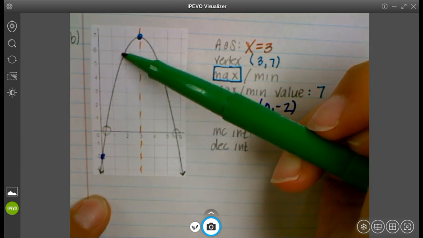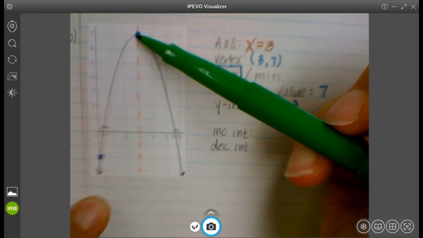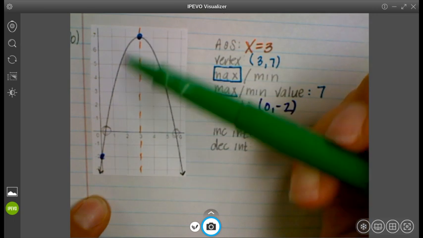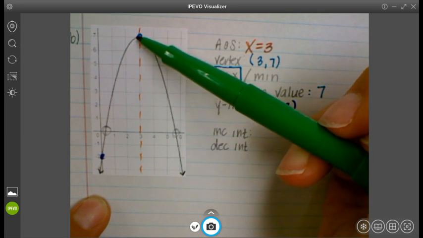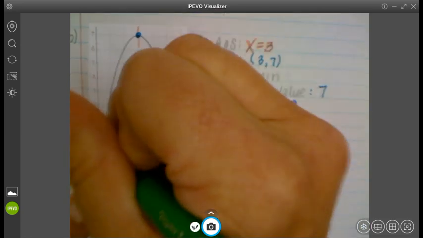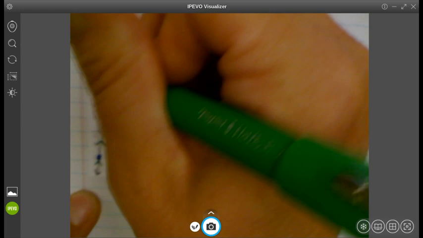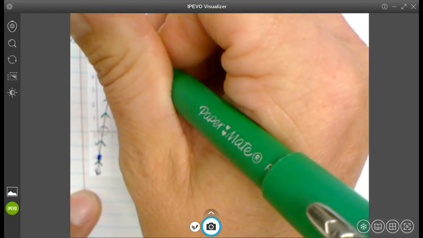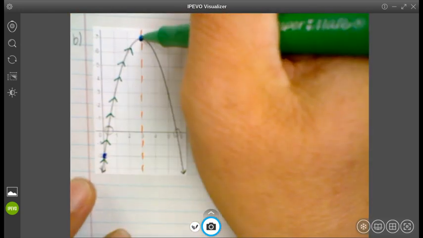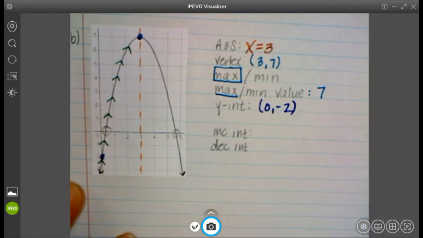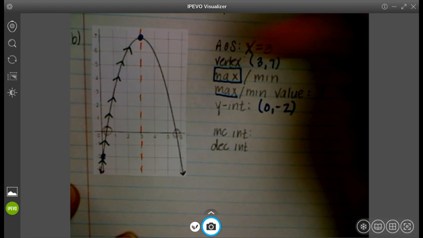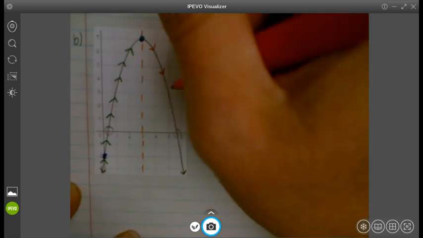But remember, it's going to stop and turn around as soon as I hit that axis of symmetry. So my graph is increasing on the left side of the axis of symmetry, and then it turns around and now it's decreasing on the right side of the axis of symmetry.